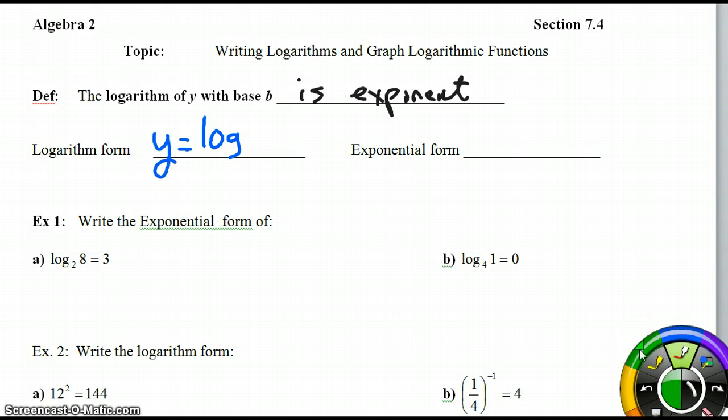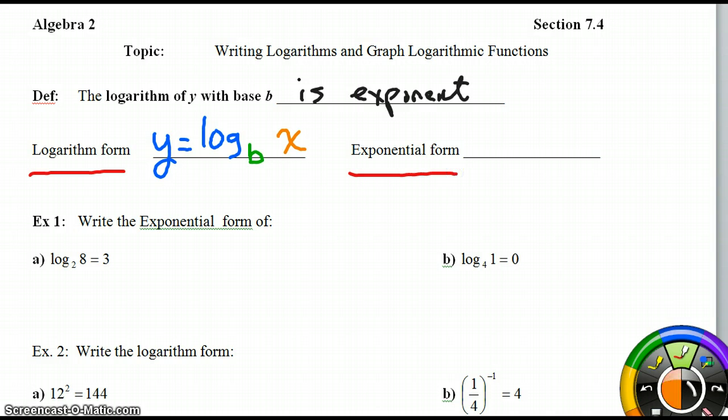We're going to have a little subscript b. This is going to stand for base. And then we have what's called an argument. This is brand new. We've had some exponential form. So let me show you how we take a logarithmic function and change it into exponential.